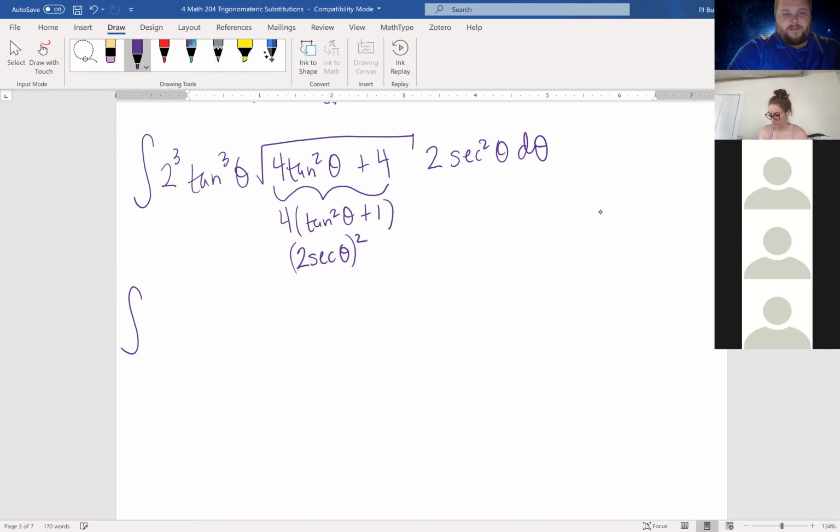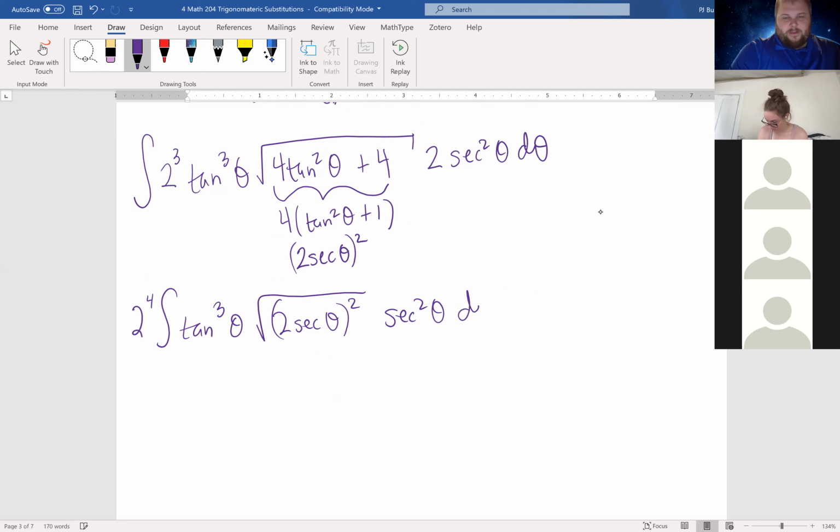So this turns out to be 2 secant of theta quantity squared. So rewriting the integral, I had 2 cubed, and then I have another 2 there, so that's 2 to the 4th. I have a tan cubed. I have the square root of 2 secant theta quantity squared. And then I have a secant squared d theta.